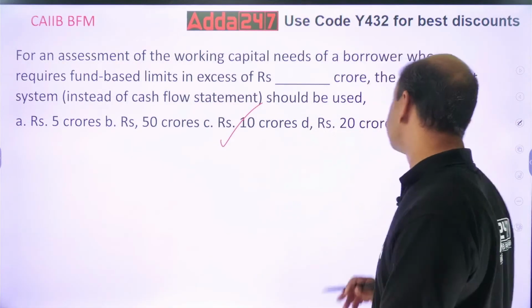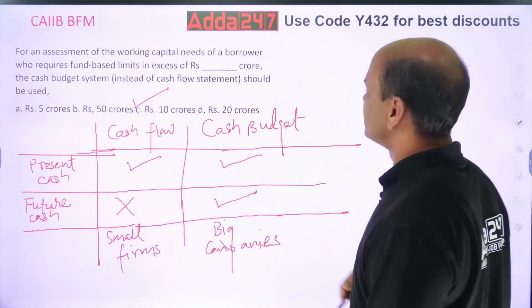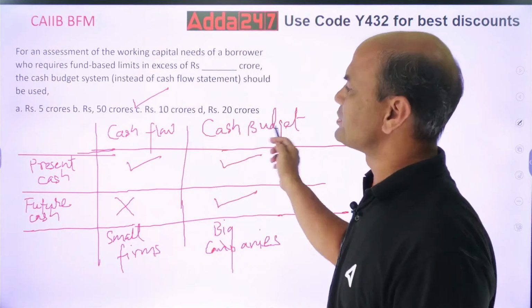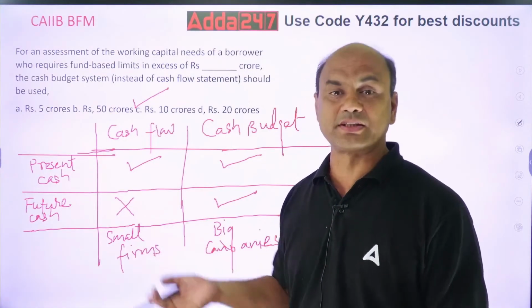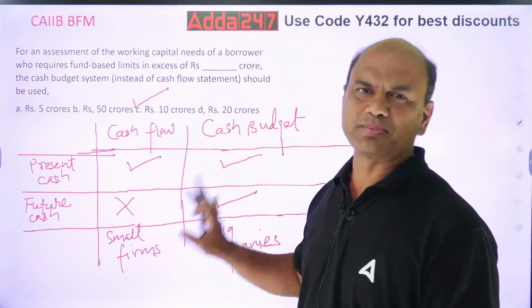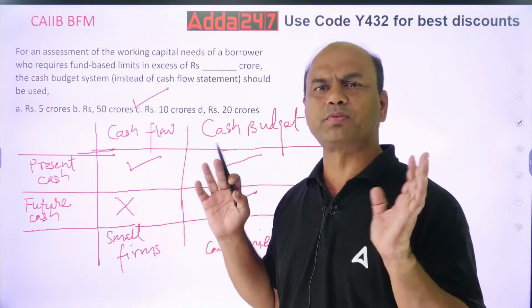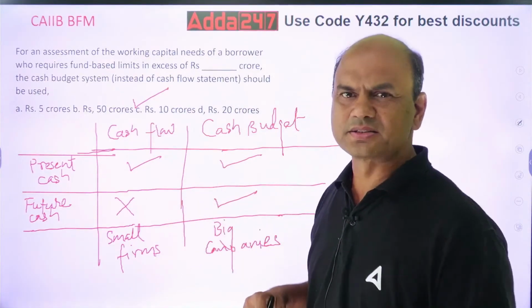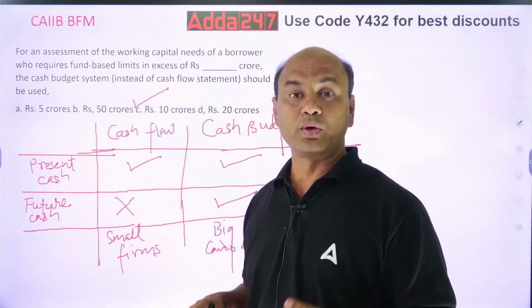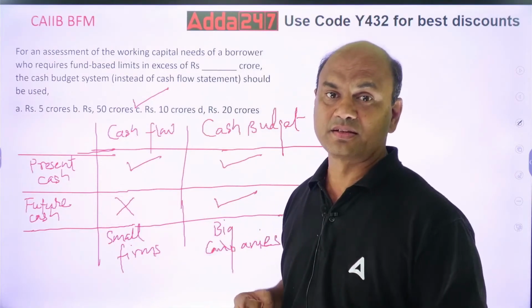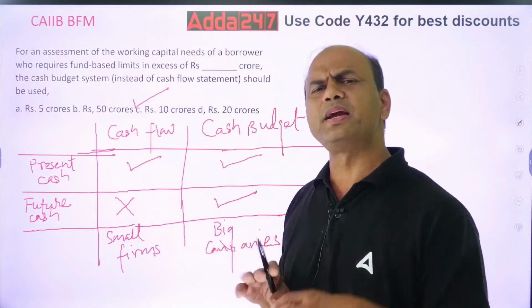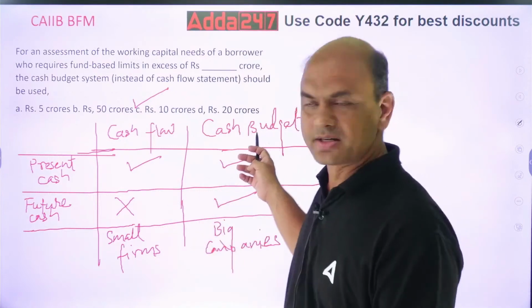Now what is cash budget? Cash flow and cash budget are two methods. The third one is also the processing, which we will keep separate, because that is simply processing of loans, ratio analysis. Today in various industries, all three methods are used. Big industries use cash budget.